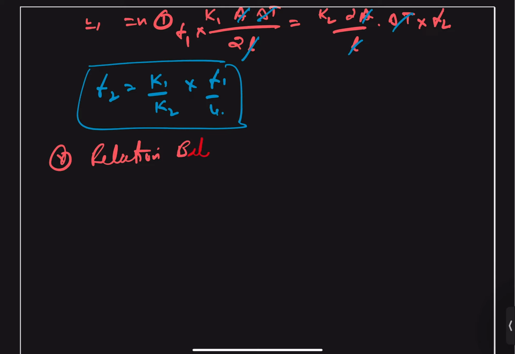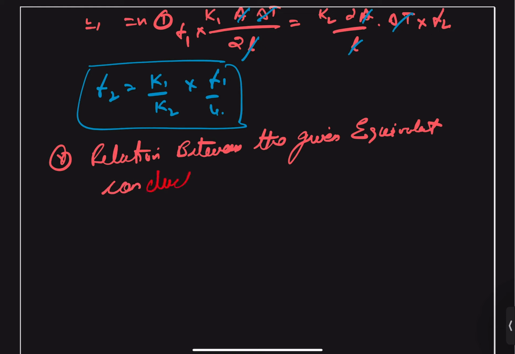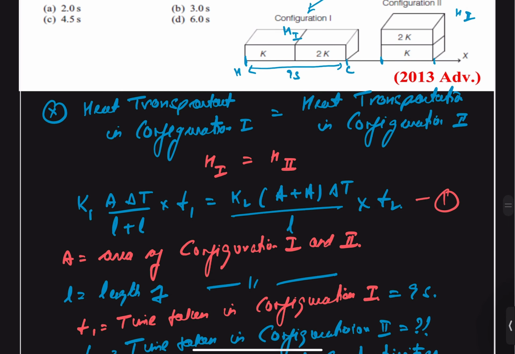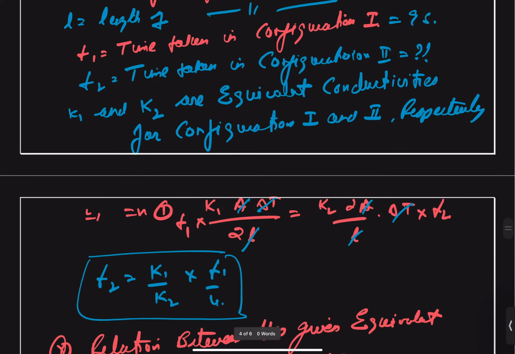The conductivities are given as K and 2K, but the arrangement is different. You can see from the figure also the values are the same, but the arrangement is different. In configuration 1 they are one after another, and in configuration 2 they are one above the other.